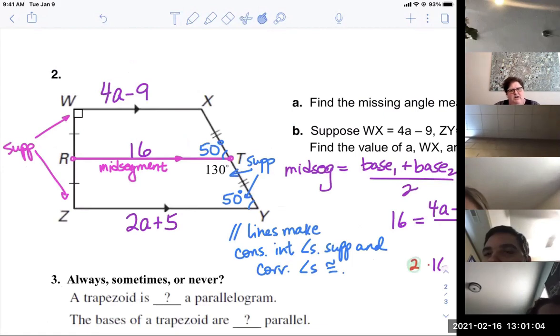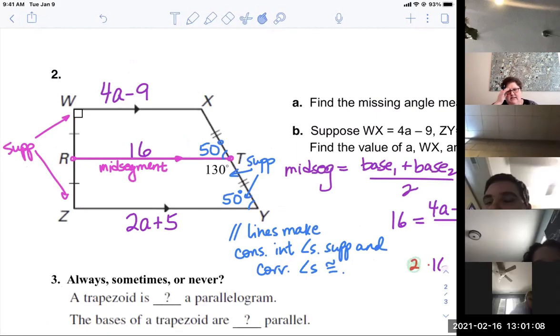I'm not sure that that necessarily means that those would have to be congruent. How are these 2 angles related? This one and this one.